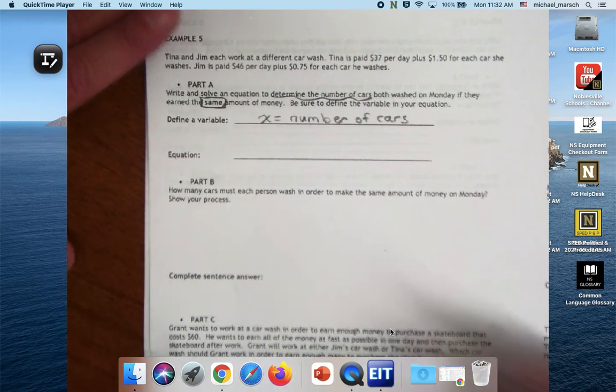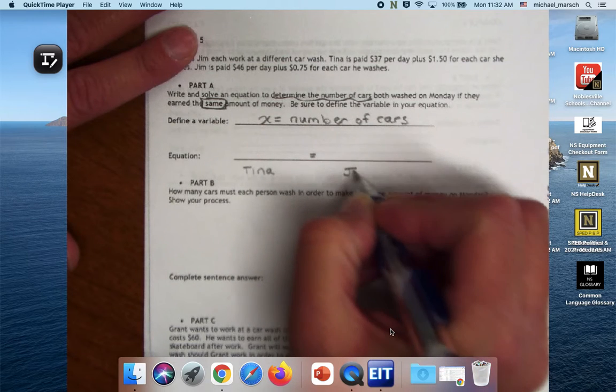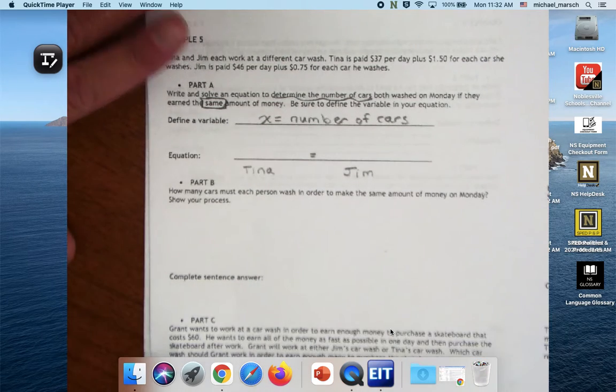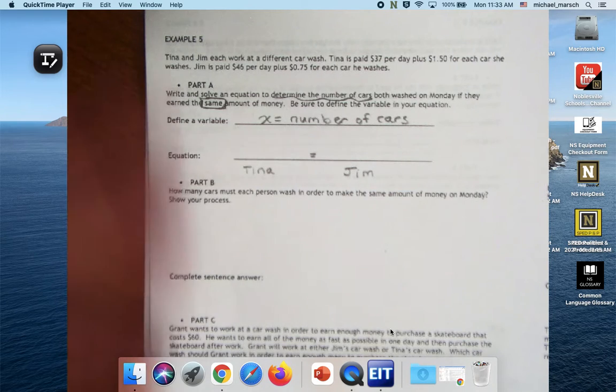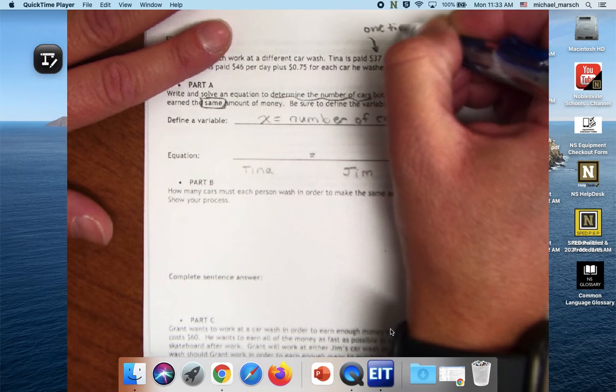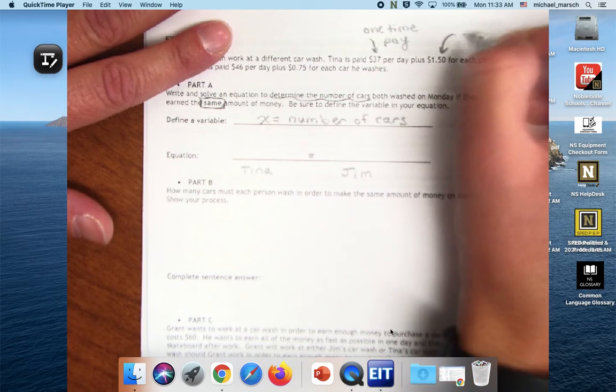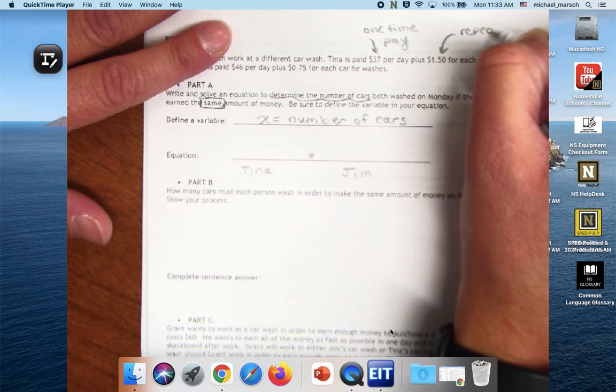And both of them have a repeating fee or repeating value and a one-time value. So which is the one-time value for Tina? $37 per day. That's a one-time pay, right? Which makes the $1.50 her repeating pay.